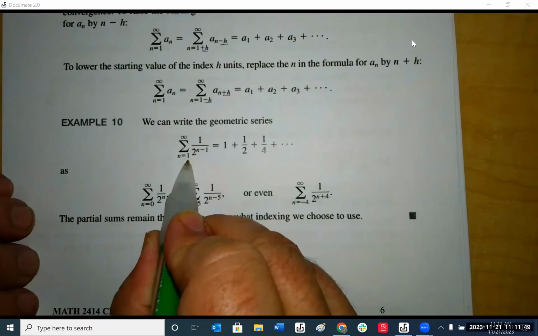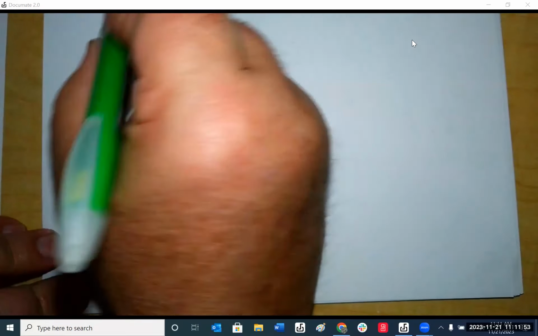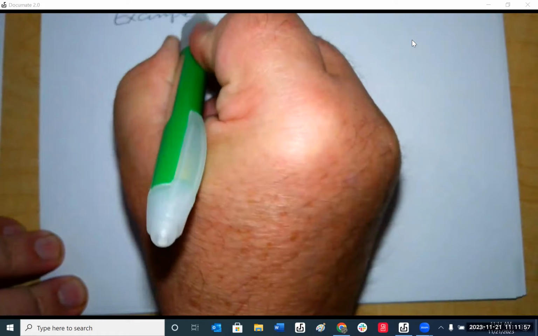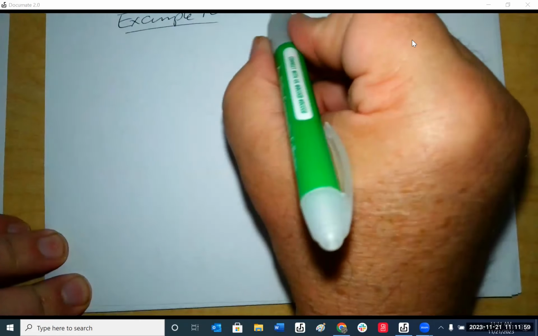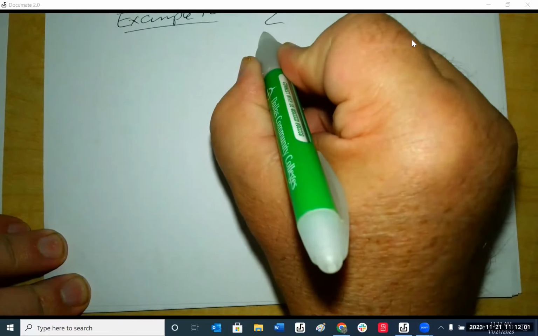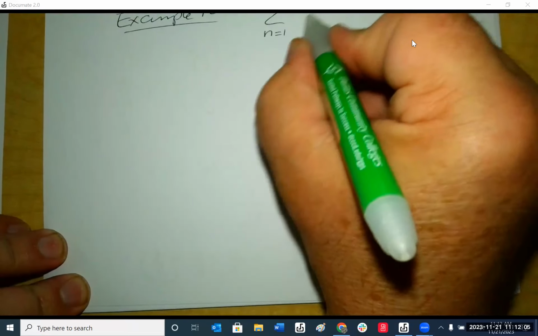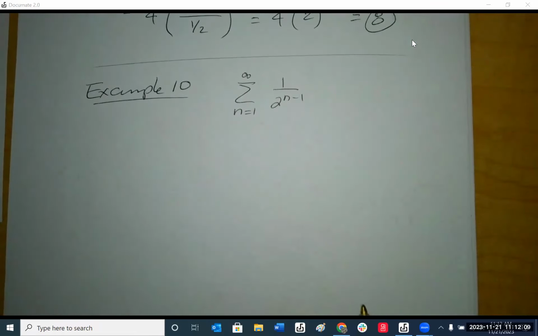So, for example, here in example 10, the sequence we have is n equals 1 to infinity of 1 over 2 to the n minus 1.